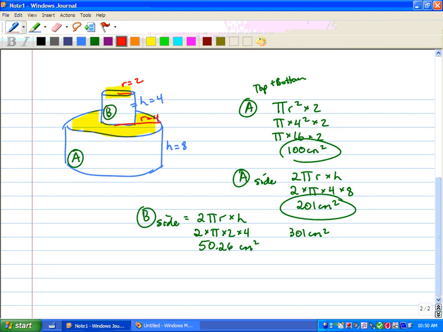That's just this side part, because our overlap, we don't need to even count that. The top and the bottom, if we lifted that cylinder off, would be taken care of. So now we're going to add these up, and we get 351.26 centimeters squared. That's the surface area of our composite 3D shape.